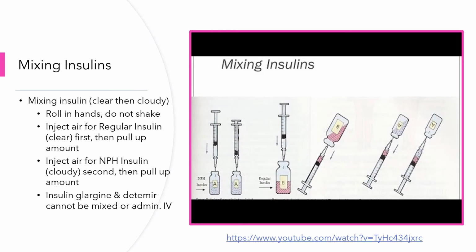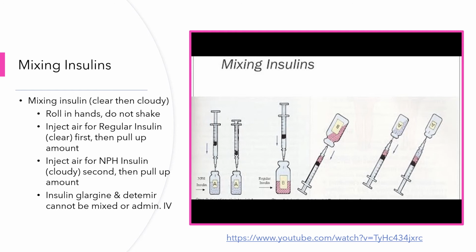If they don't already come pre-mixed, we can mix them ourselves. So if they have an order for regular insulin and Lispro insulin, and so it's 3 units of Lispro, and then per the sliding scale we have to give now 2 units of regular. Instead of sticking them twice for insulin both times, we can actually mix them so that we're only sticking them one time.